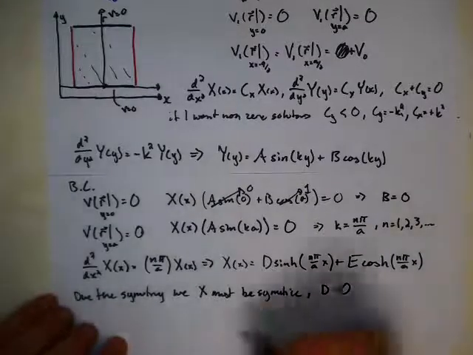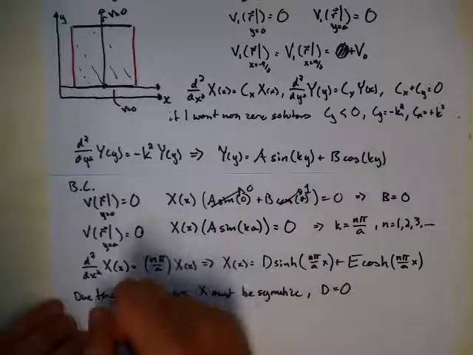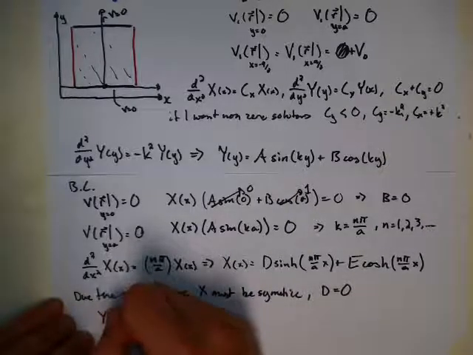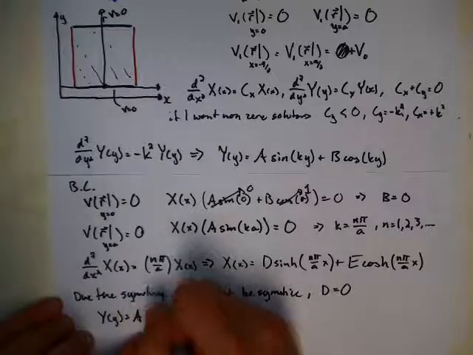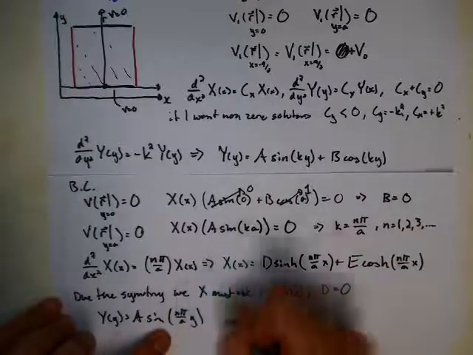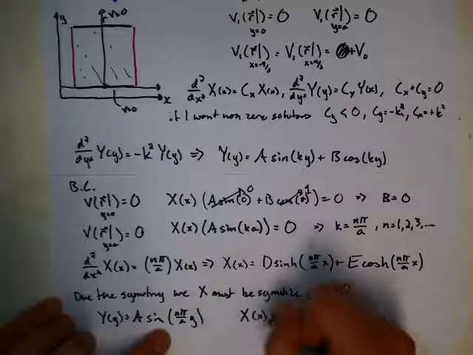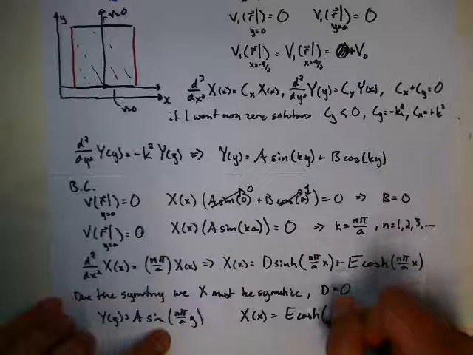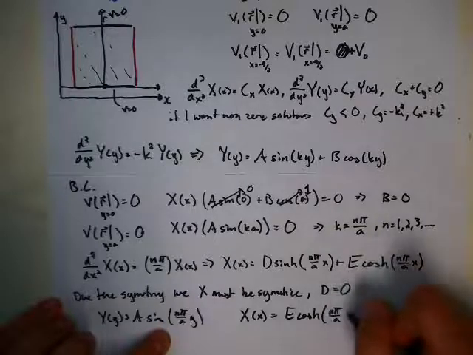And so now we can write down both what X and Y are. Y of y, just copying it down, is a sine of n pi over a y, and X of x is e cosh of n pi over a x.